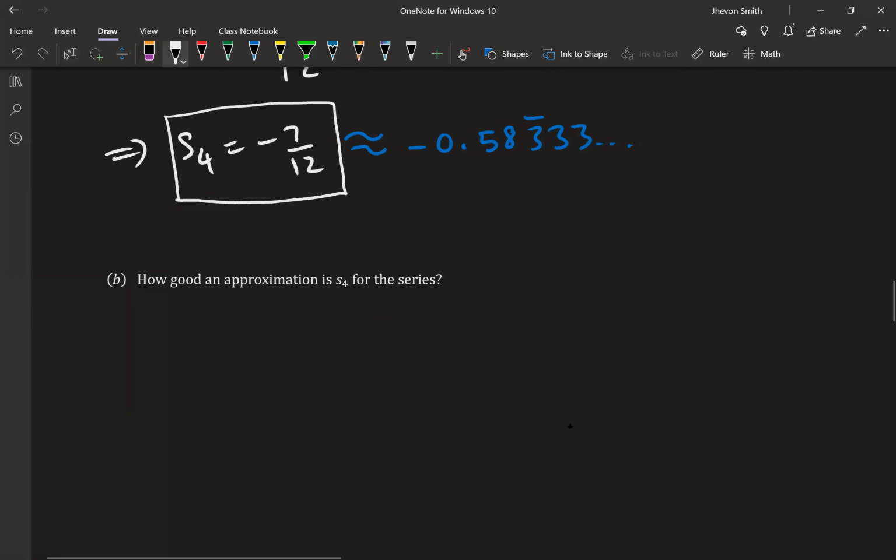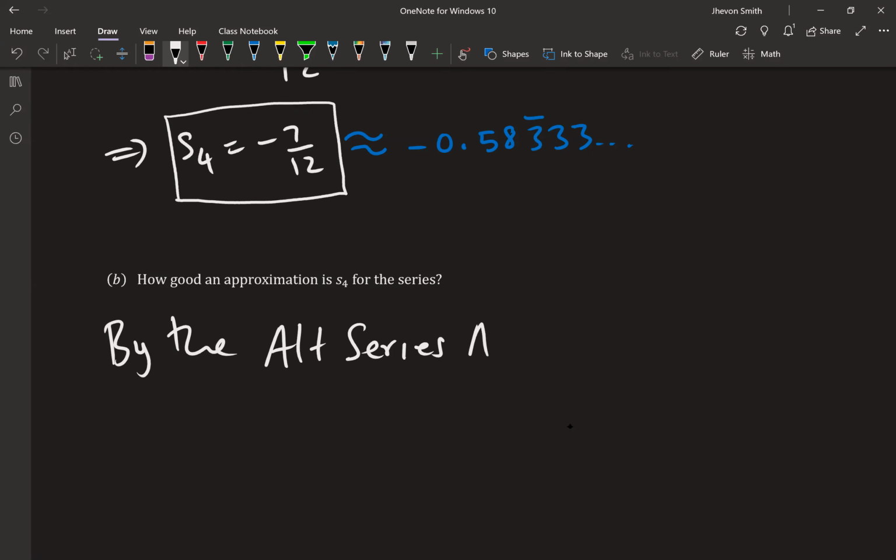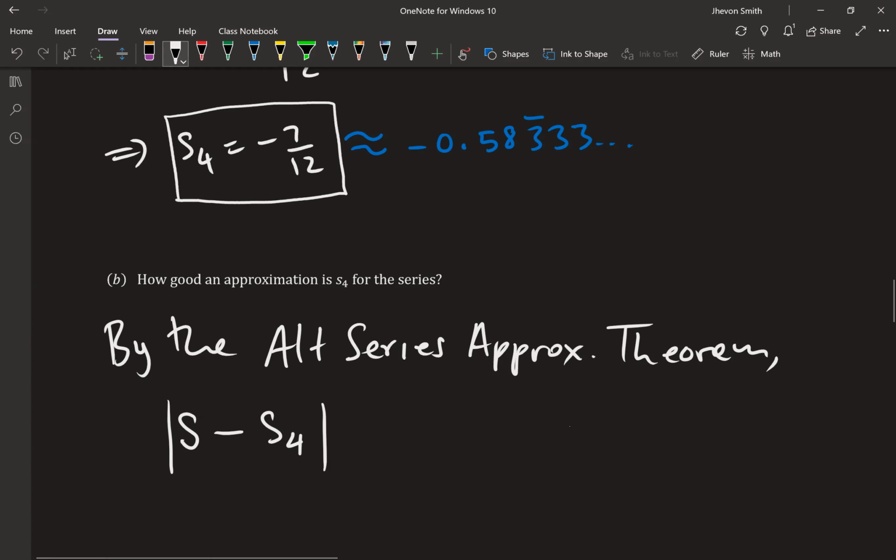Well, by the alternating series approximation theorem, the difference between the sum and the fourth partial sum is less than or equal to A5.